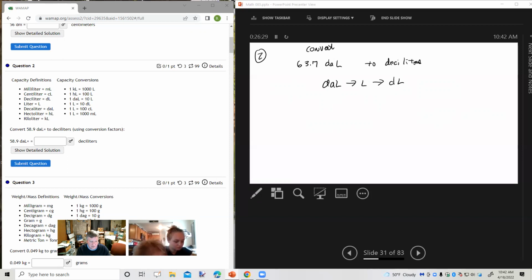So from deciliters to the main unit, which is liters, from liters to where we want to go, which is centiliters. Okay, 63.7 deciliters. Then I'm going to go from deciliters to liters and liters to centiliters. Don't get deciliters and centiliters mixed up.